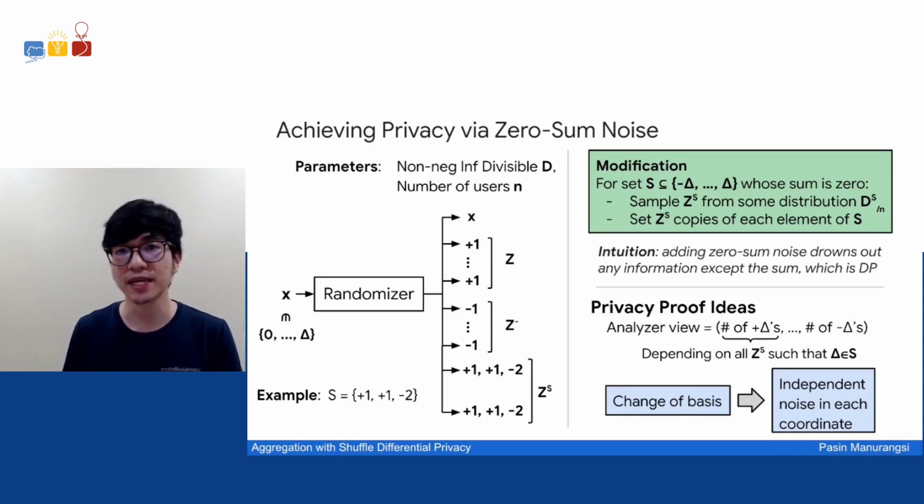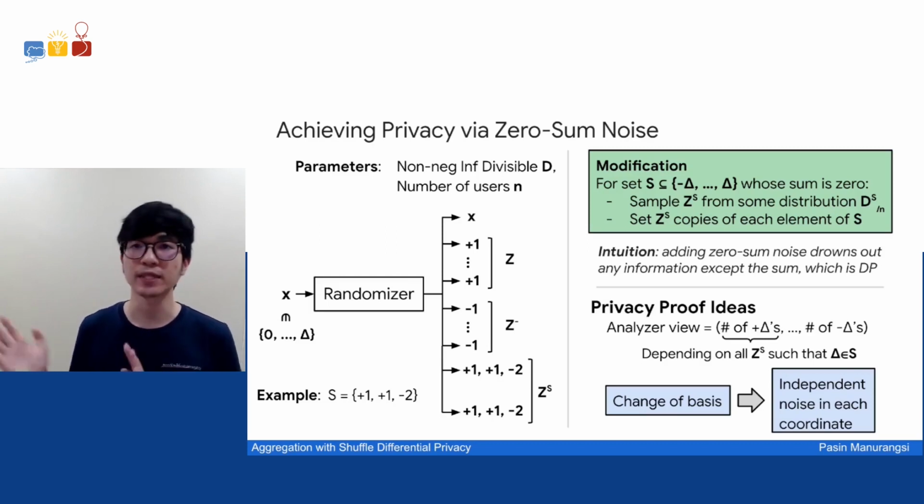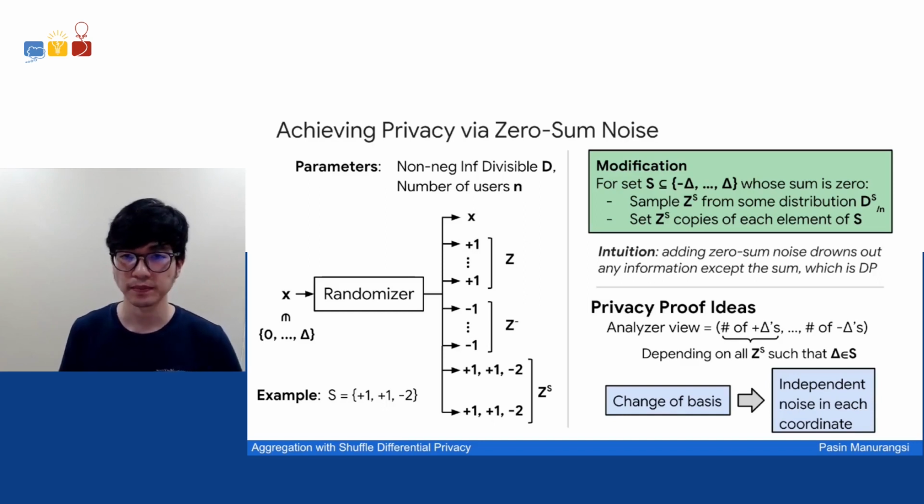And each type of message has its own noise, which is represented by this CS, where sets S are the sets of numbers whose sum is 0. And it turns out that if we choose this carefully enough, we can again do this subtraction and addition trick as before, so that most of the terms cancel out and we end up with some easy term that we can analyze similar to before.